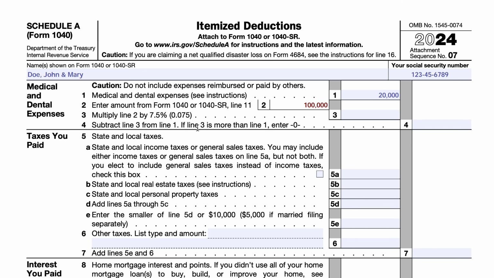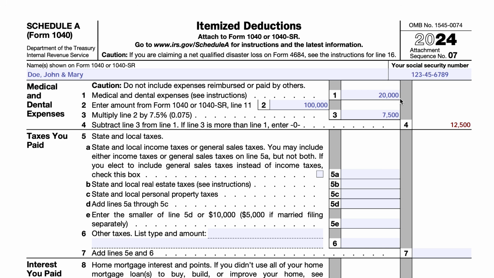The reason we put the adjusted gross income in here is because we now have to multiply that adjusted gross income amount by 7.5%. So that's $7,500. And we subtract this from line 1. This gives us 12,500.